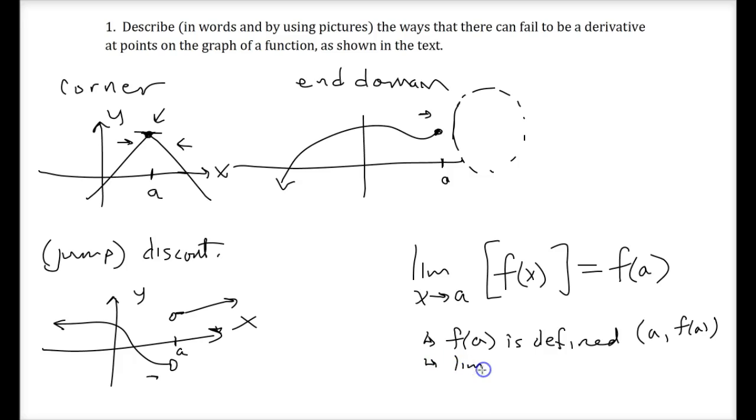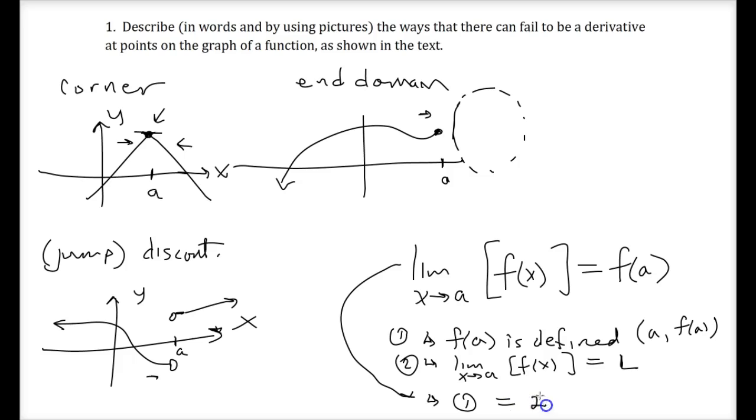Number two, you're saying that this limit here actually exists, meaning that when you get an answer for that, it is actually going to equal a real number. And then the third thing, what you're saying is actually what this says, which is items 1 and 2 are actually equal to one another. So that means the behavior, which is how we interpret the limit, the behavior of a function as x approaches a from both the left and the right equals some real number, and that real number is the same as f of a.